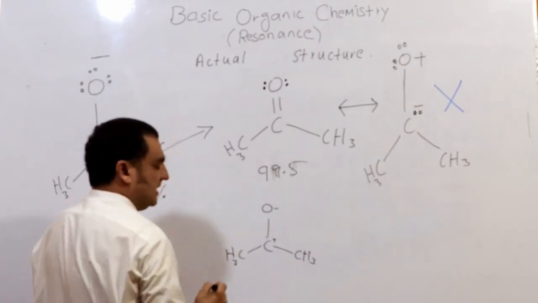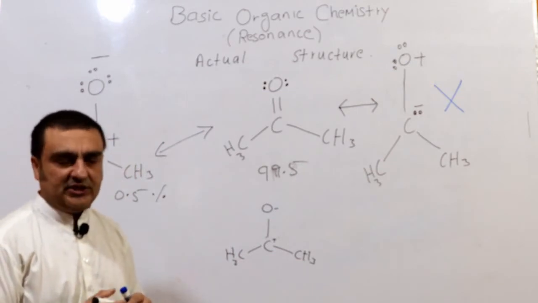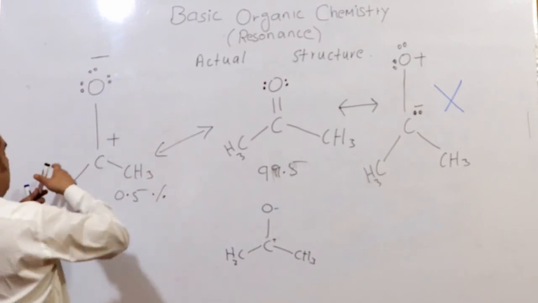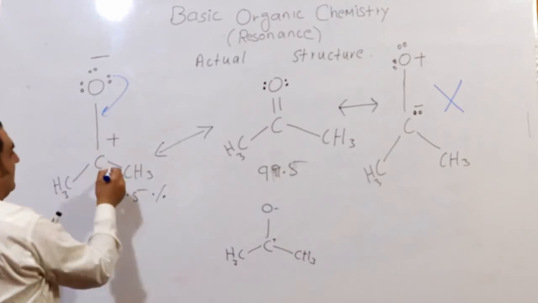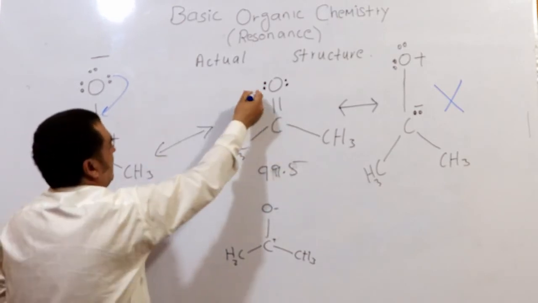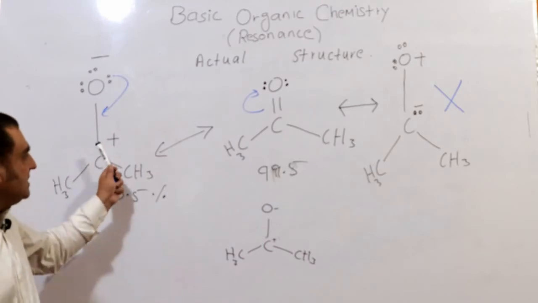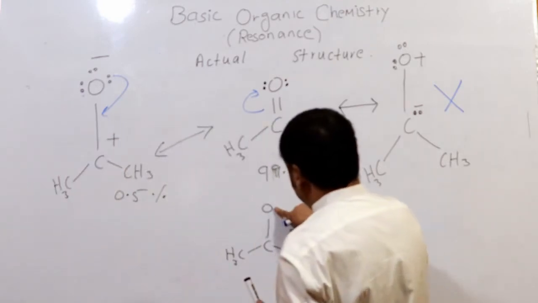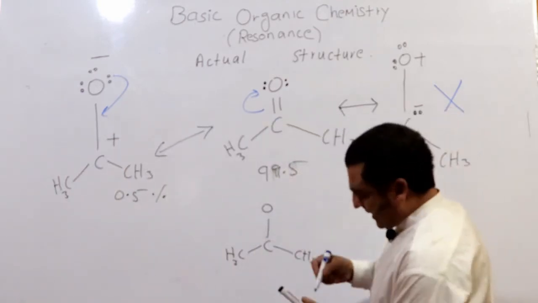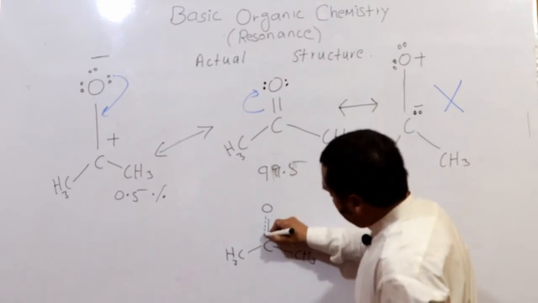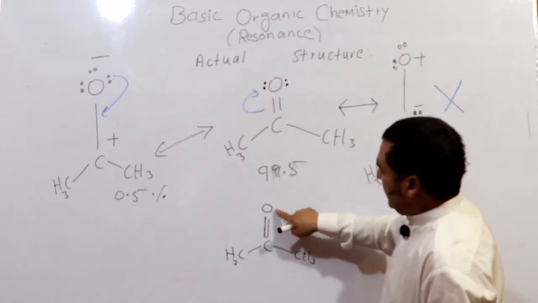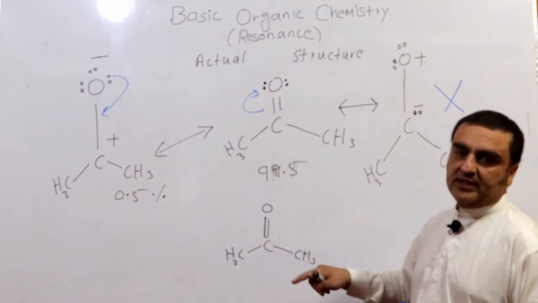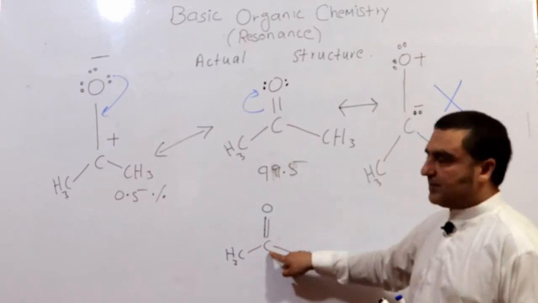So I should not write that here, because you should not write charges on these resonance structures. The electrons will be pushed here and it will form this, and again it will go up and form this thing. This doesn't occur in reality. These things are just to help us understand what the actual structure looks like. So in the actual structure, there will be a more negative oxygen and a less negative carbon, or a more positive carbon.